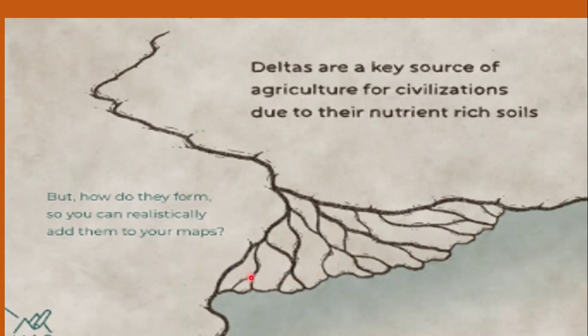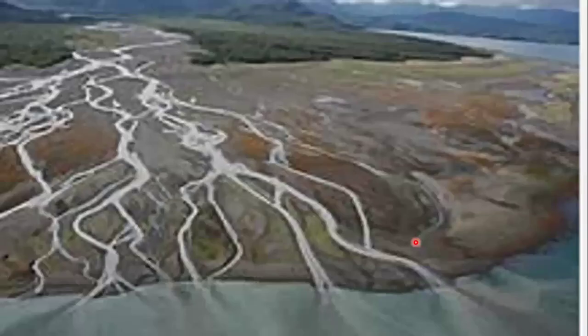This leads to a triangular shape formation, which is known as a delta. Most of the rivers form deltas. Now, there are different types of delta. This is a picture of a delta being formed.